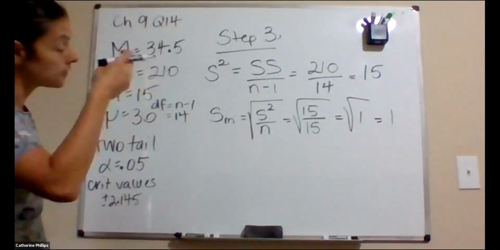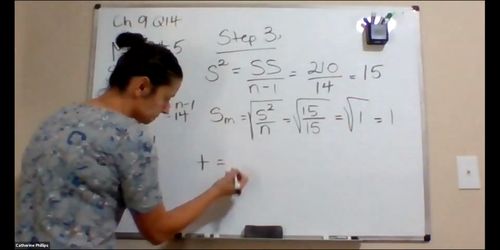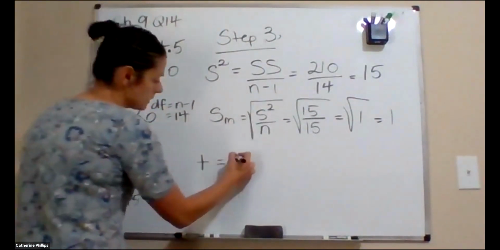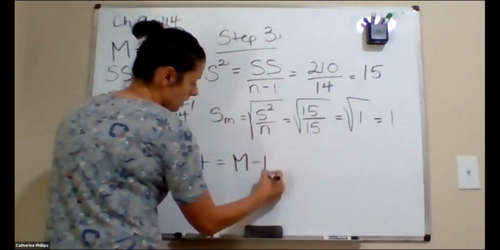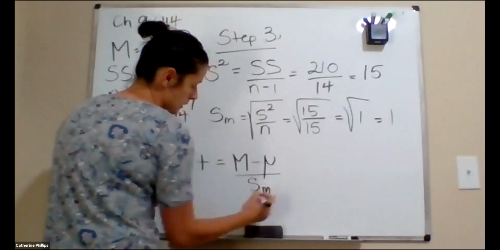Now that we have our estimated standard error, we can calculate our t. The t value for a single sample t-test is M, subtract the population value, divided by your estimated standard error.